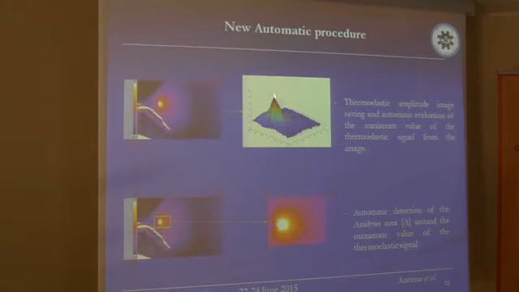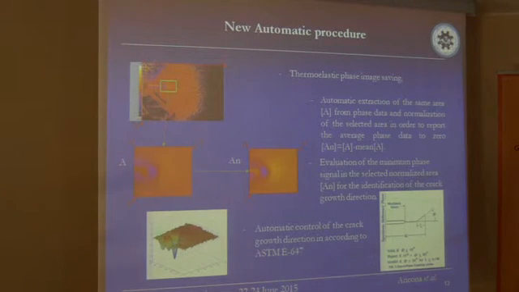We evaluate the maximum signal in the proximity of the crack tip. Then we detect in an automatic way the analysis area in order to avoid the false signal derived from the fixture grid. And the same area was used for the phase image.